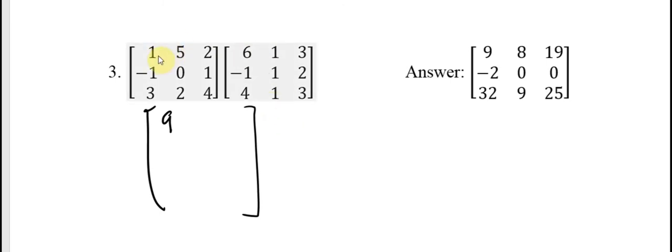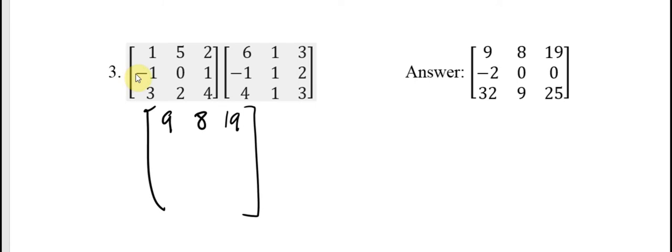They're all times 1, so it just becomes 1 times 1, then 5 times 1, then 2 times 1. So that's just 1 plus 5 plus 2, so that's just an 8. Going across, first row, third column, so that's 3, 10 is 13, 13 plus 6 is 19.